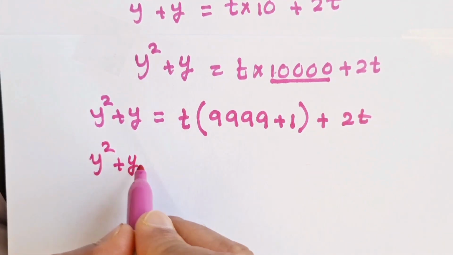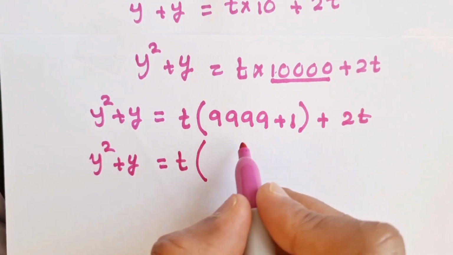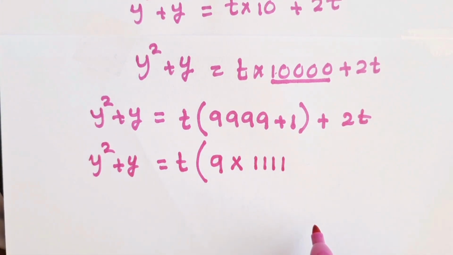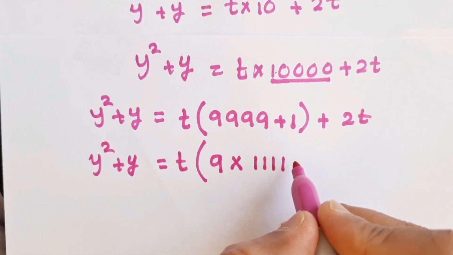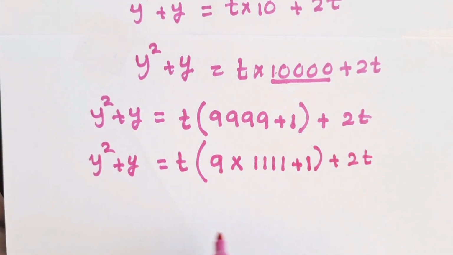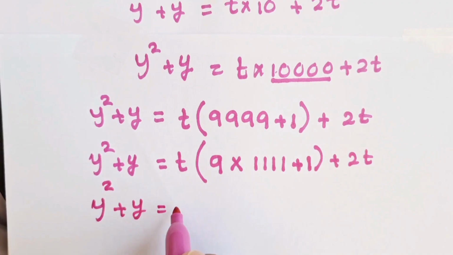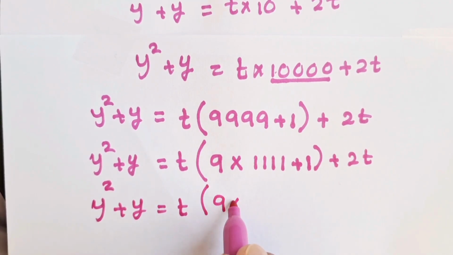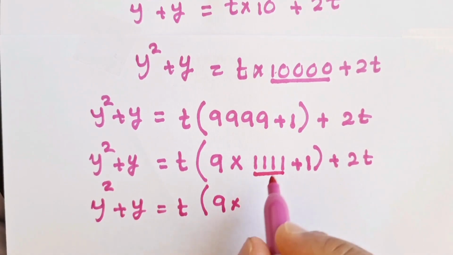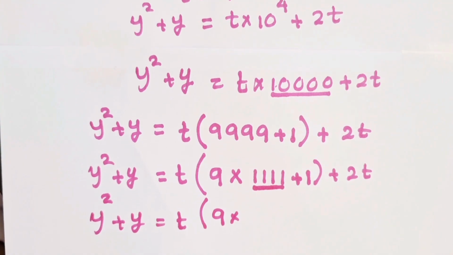So y square plus y is equal to t times, this 9,999 can be written as 9 times 1,111 plus 1 plus 2 times t. Now we know that 1111 is equal to t. That is our substitution in the previous step.